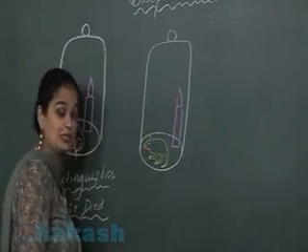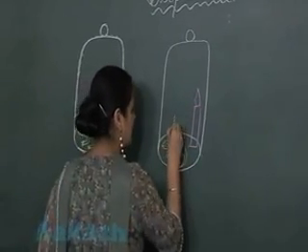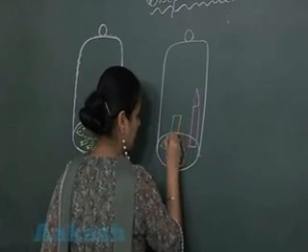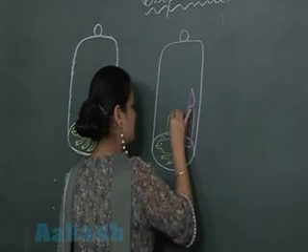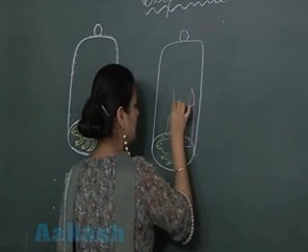And along with the mouse, now he placed a plant here, and the plant which was placed by Joseph Priestley in this closed jar was a mint plant.